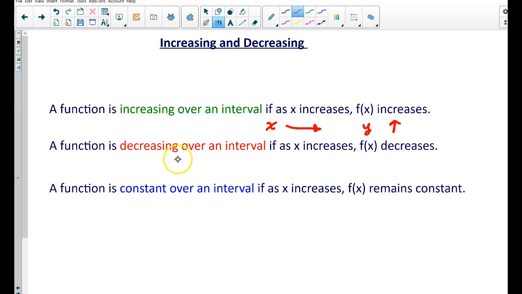If a function is decreasing over an interval, as you go to the right, your y values are going down. A function is constant over an interval if as you increase your x value, your y remains the same. So it's basically a horizontal line.